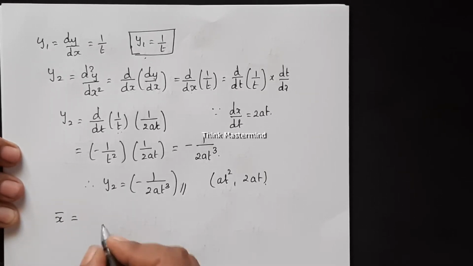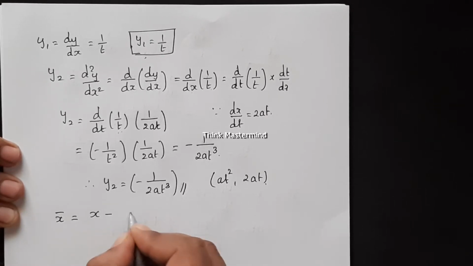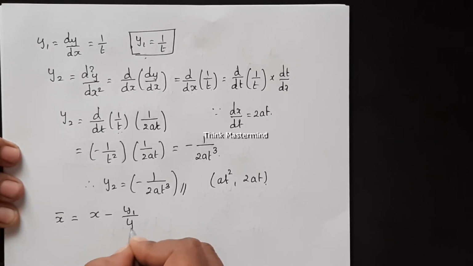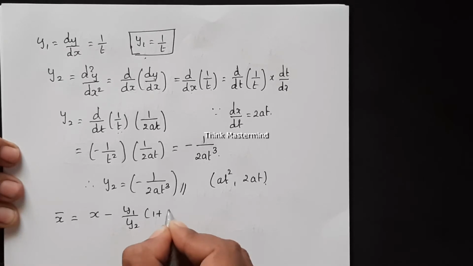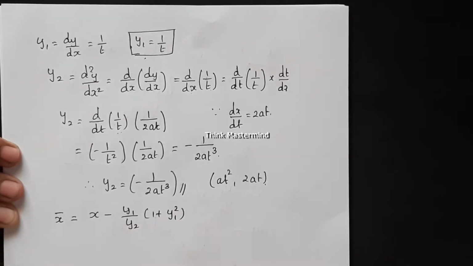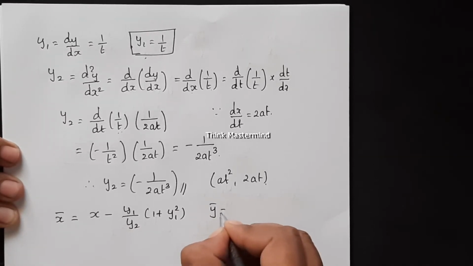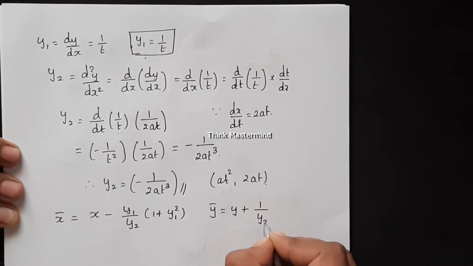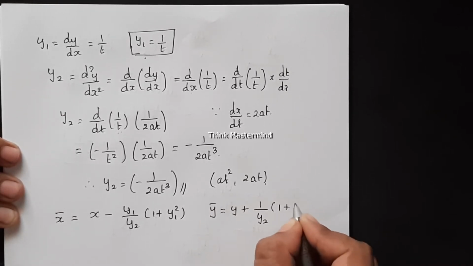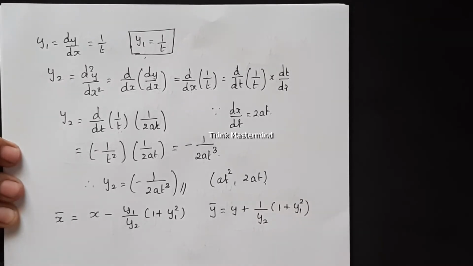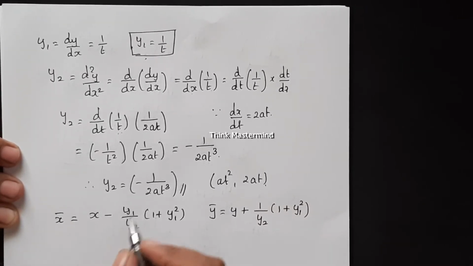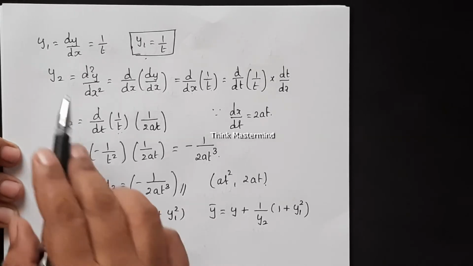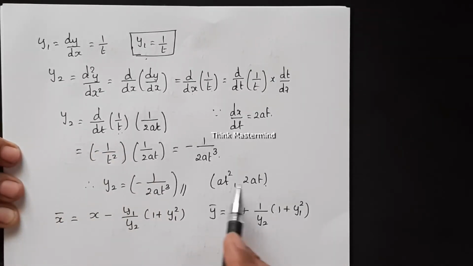X bar is equal to x minus y1 by y2 into 1 plus y1 squared, and y bar is equal to y plus 1 by y2 into 1 plus y1 squared. We are substituting the values of y1, y2, x and y.